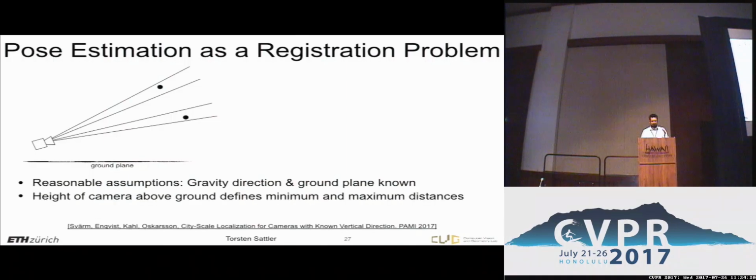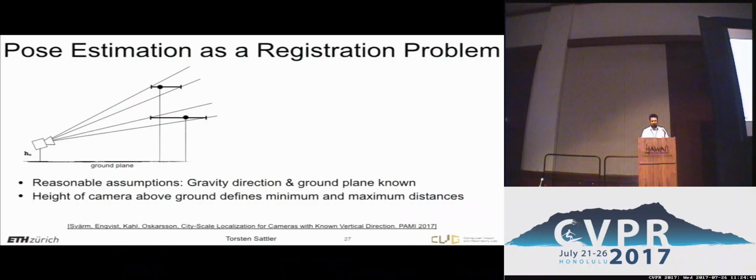So, assuming that you know that the camera is above the ground at height hc, and since you know the 3D reconstruction, you also know the height of the 3D points above the ground. And in order for this 3D point to fall into this cone segment, it can't be closer than a certain distance, and can't be farther than a certain distance. Otherwise, it would be outside of this cone segment. And the same for all other 3D points.